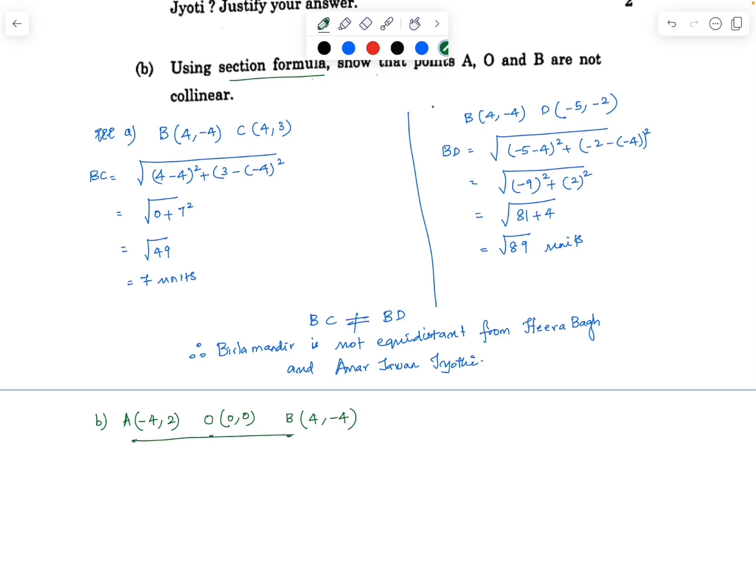Assume that this point O divides the line in the ratio m is to n with the x coordinate. Let's get the ratio m is to n. Using that m is to n, let's try to get the y coordinate of this O. If that y coordinate that we calculate matches with the 0 here, then AOB is a line, else it is not.